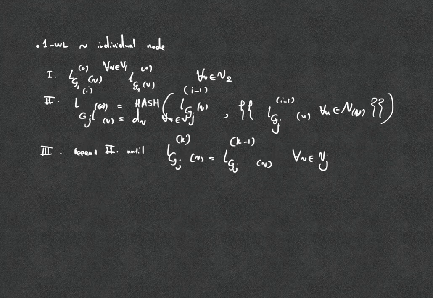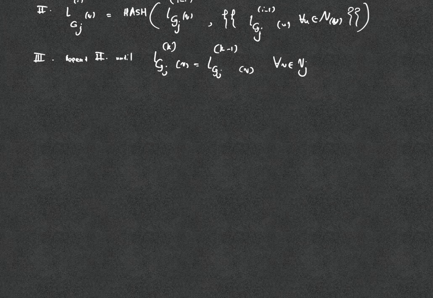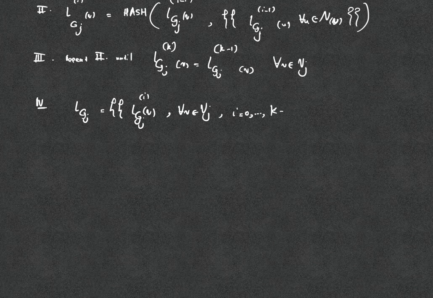The next step is constructing this multiset for G_j, which is again the label for each one of the nodes across all of the iterations.